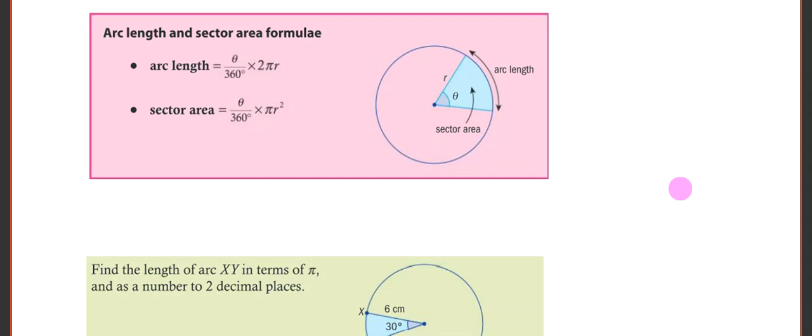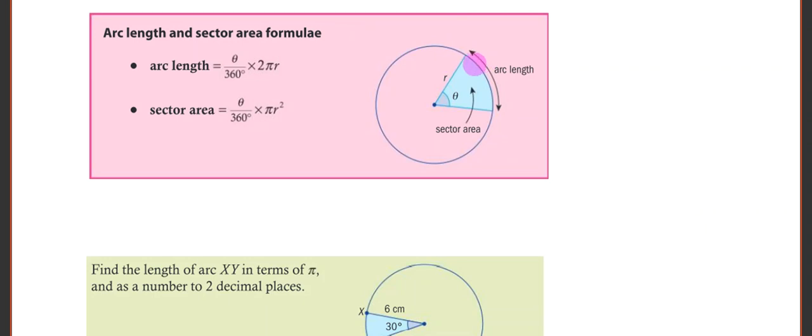We are just going to run through it. We could have done the investigation approach to finding an arc length and a sector area. Basically, an arc length is the length of part of the circumference of the circle.